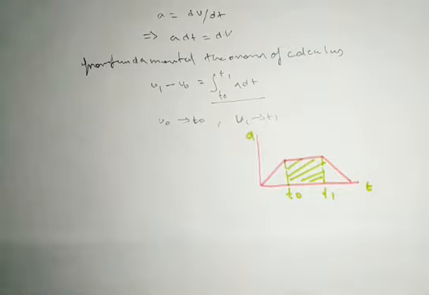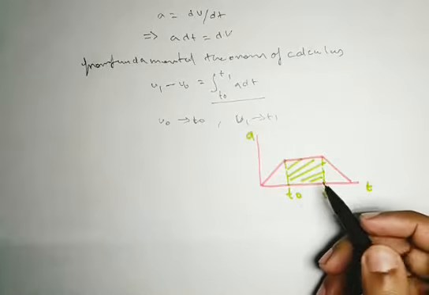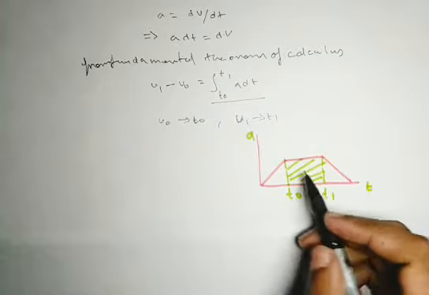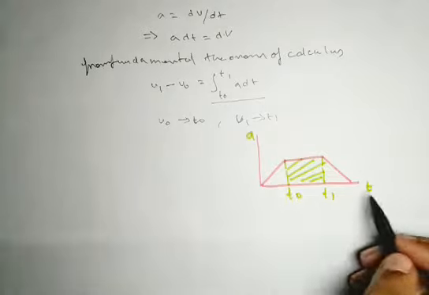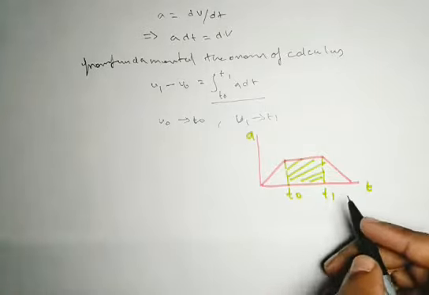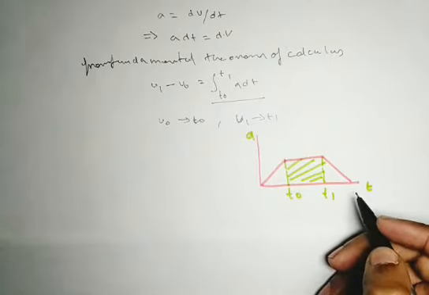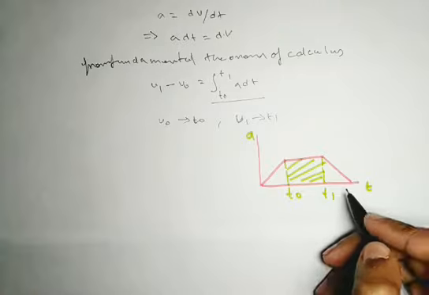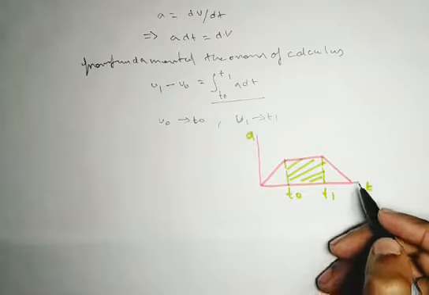So the area between the plotted curve and the horizontal axis, which is also called the horizontal time axis, and this graph represents the graph of acceleration versus time.